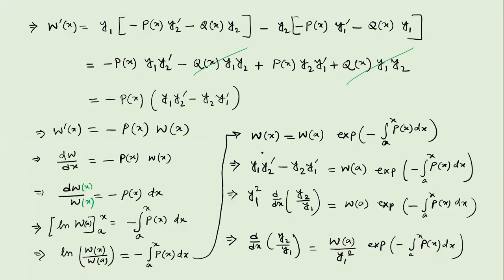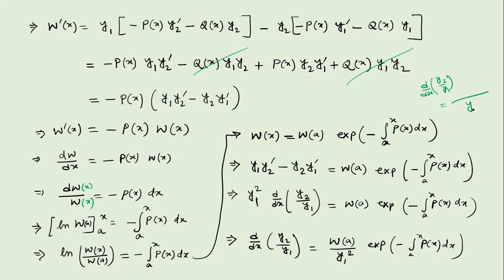Now you put the value of W(x), that is y1 y2 prime minus y2 y1 prime, and W(a) here. This can be written, if you remember the formula of derivative, the derivative of y2 by y1, d/dx of y2 by y1. What will be the value?